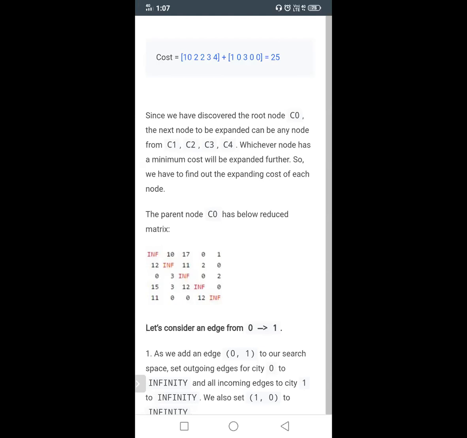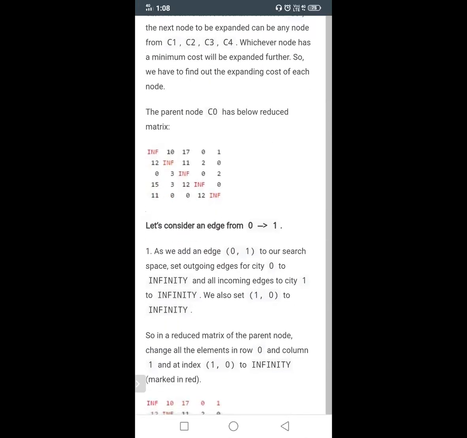We don't know. So for that, first we have to consider 0, 1, that is 0th row first column. We make 0th row first column infinity, and we also set 1, comma 0 to infinity.